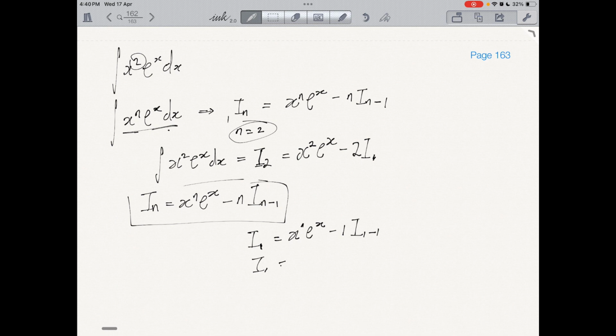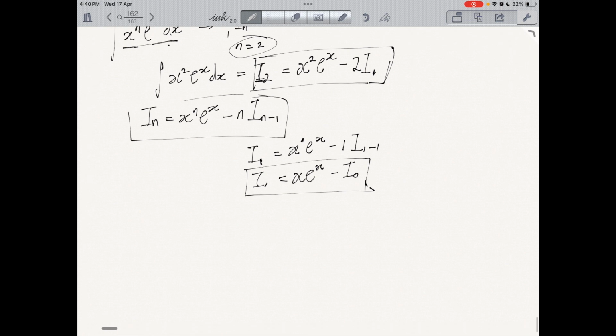Therefore, I1 is equal to x exponential x minus I naught. In I2, we had an expression for I1, and we have been able to deduce the formula for I1. And in the formula for I1, we can see that I naught is present. How then do we evaluate I naught? Let's follow this again.